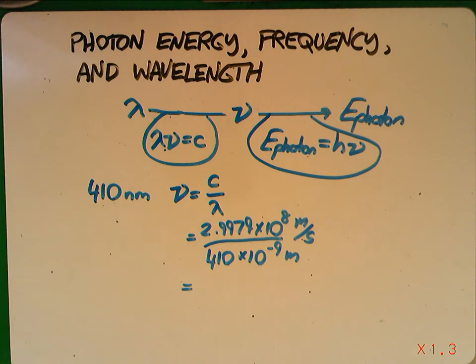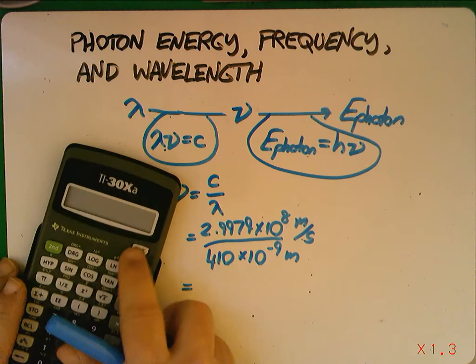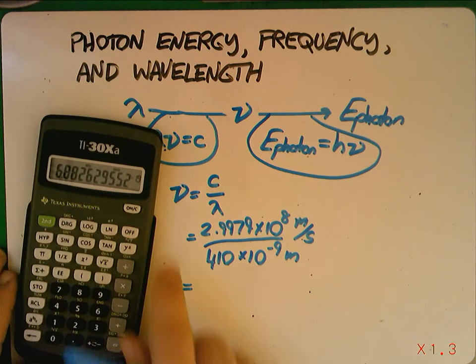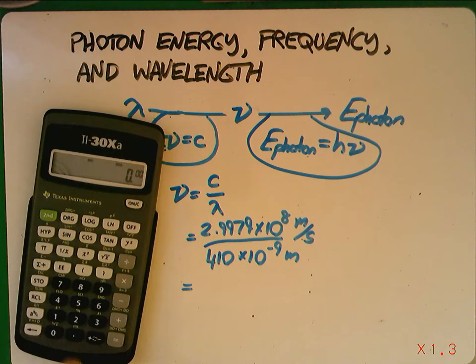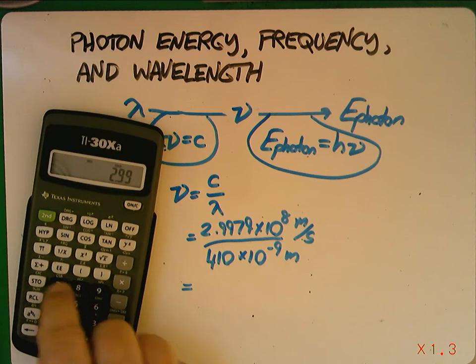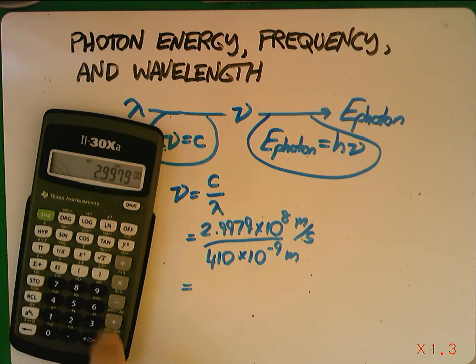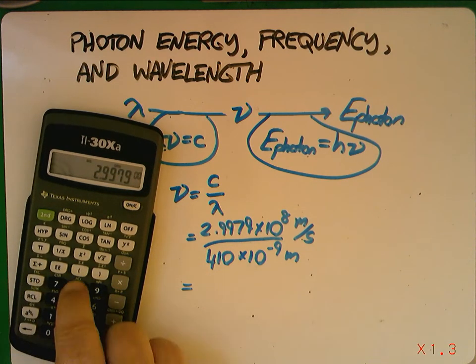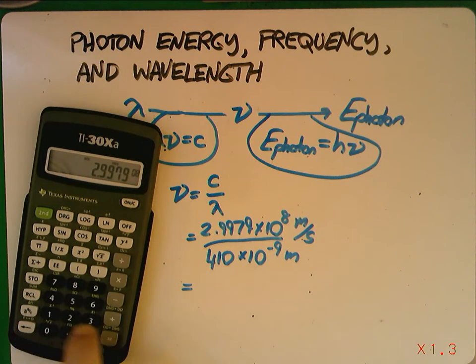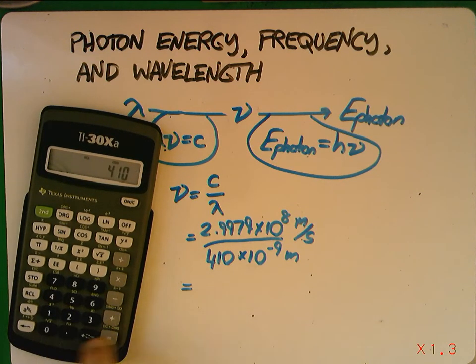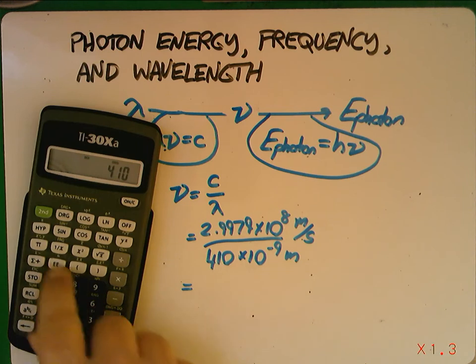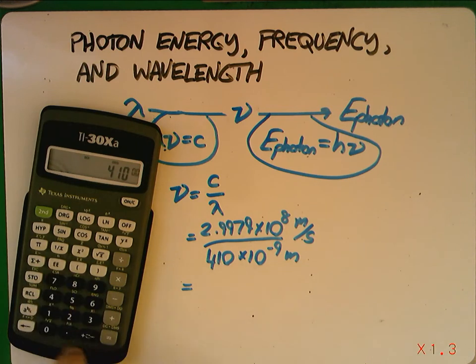Let's just punch it in. It's going to be 2.9979 times 10 to the 8th divided by 410 times 10 to the minus 9.